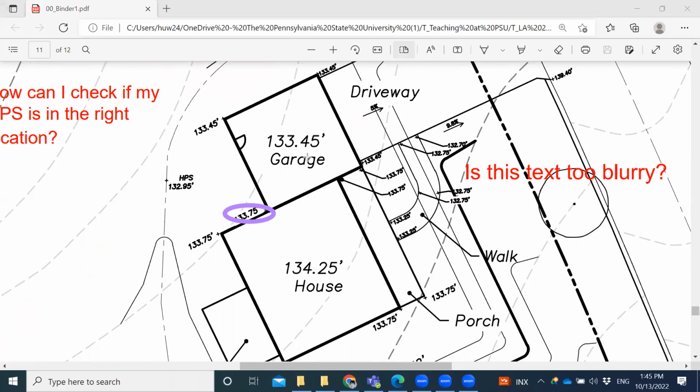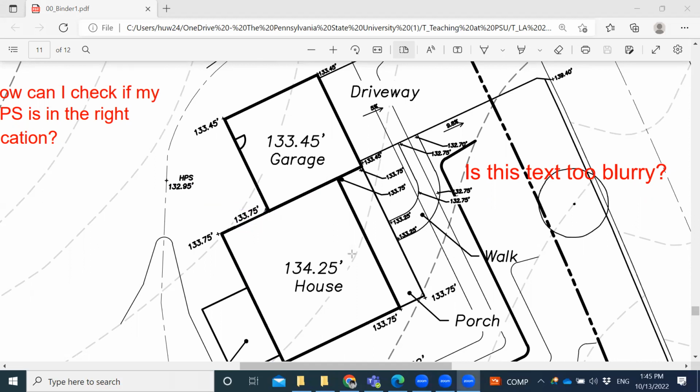If that's the case, let's see, that's the distance, 4.5. So it's 5, I should be okay. Yeah, if your garage FFE is 133.45, HPS 132.95, looks like the distance here is about 50 feet or 25 feet. Oh yeah, 25 feet. So that's okay. But remember to revise this one. That doesn't look right.